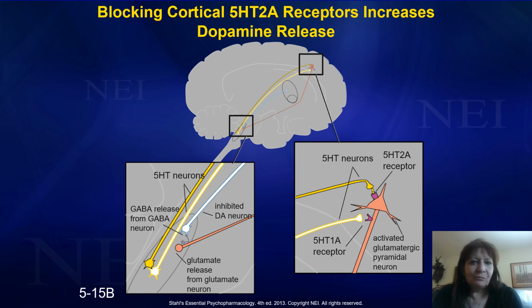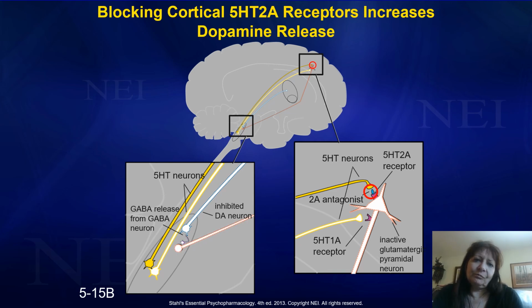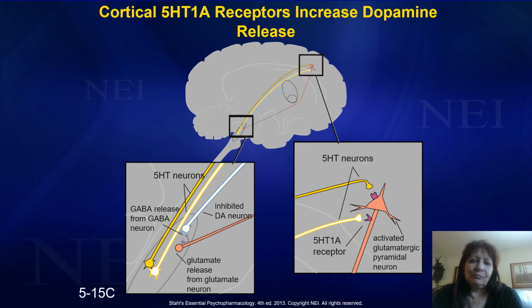And there it is. There is also 5-HT1A receptor stimulation, which increases dopamine release. So 5-HT binds to 5-HT1A receptors, which inhibit glutamate, which means GABA release is not stimulated, and so this results in dopamine release not being inhibited, and so there is an increase in dopamine release.